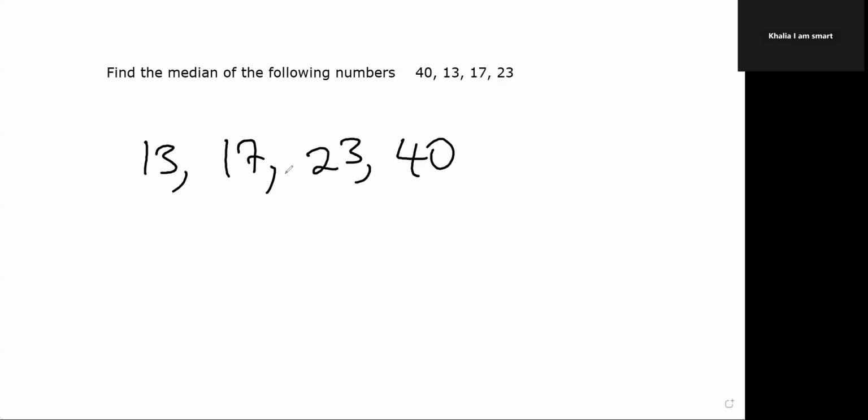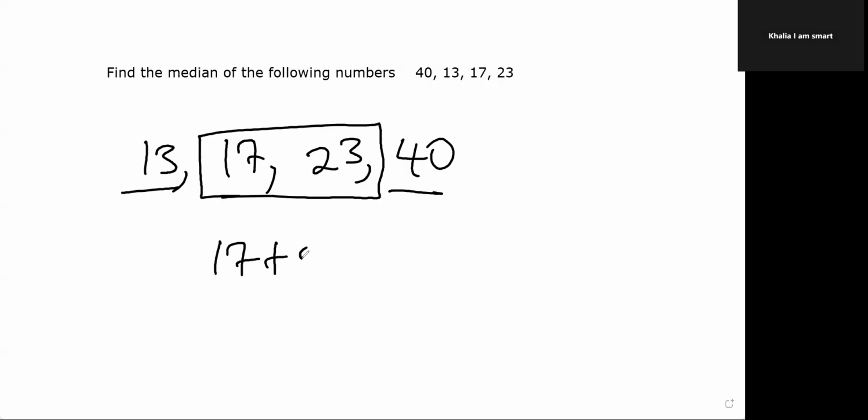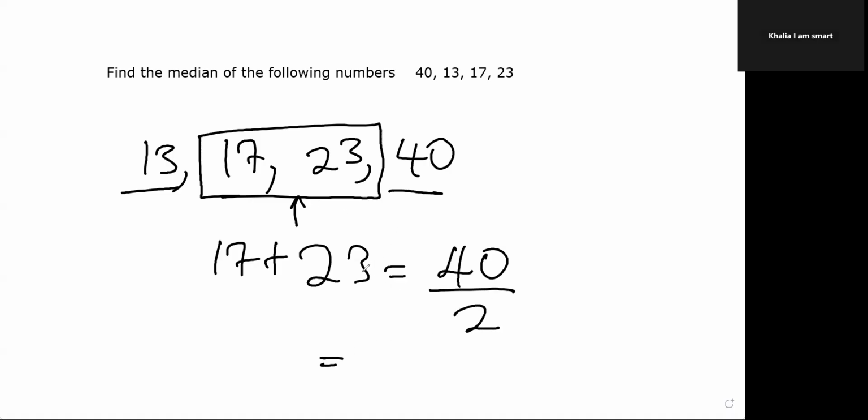And when I look, 17 and 23 are in the middle. So I add 17 plus 23 equals 40. So there are two numbers added up, so I divide it by 2. That gives me 20.